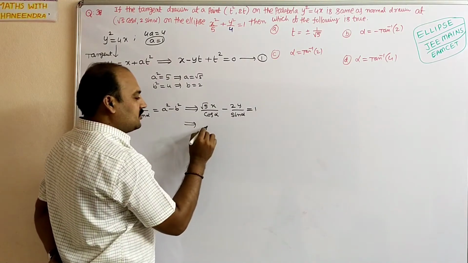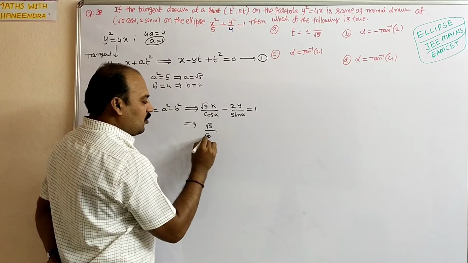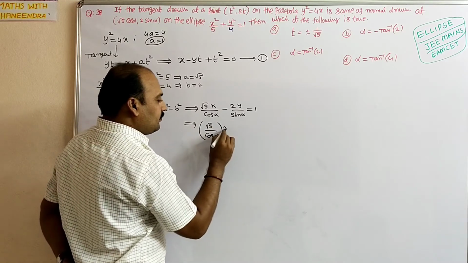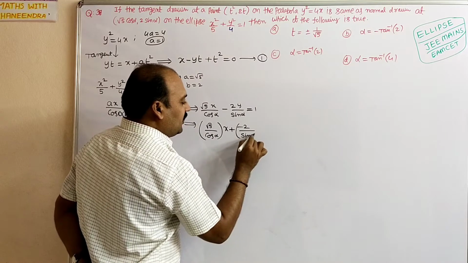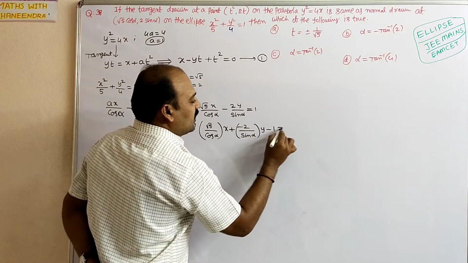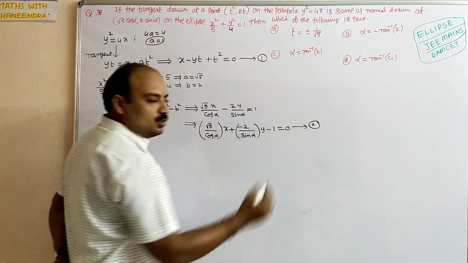I am writing it in order: root 5 by cos alpha into x minus 2 by sin alpha into y minus 1 is equal to 0. Keep that as equation number 2.